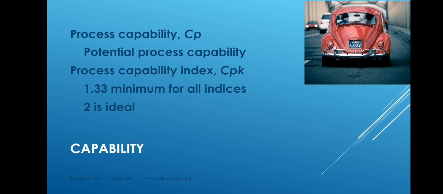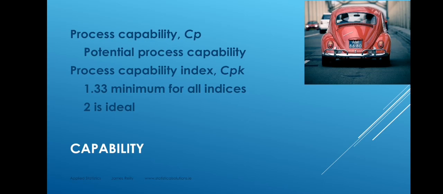So we divide the width of the specifications, the upper specification limit minus the lower specification limit, by 6 sigma, which is the plus or minus 3 sigma. And we need to get a value of at least 1.33 in order for the process to be considered capable, because this means that the process will fit between the specification limits with a little room to spare.